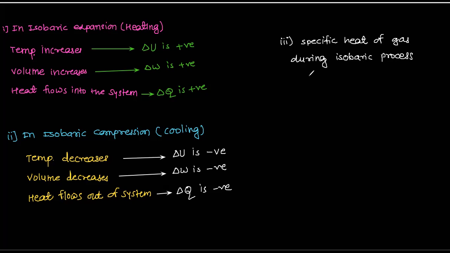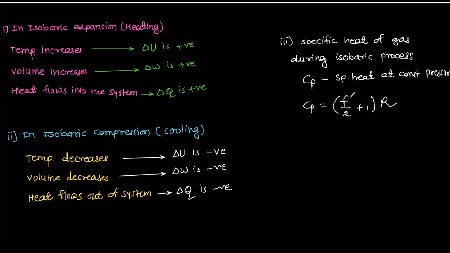That is CP. CP means specific heat at constant pressure, because this is isobaric, so pressure is constant. CP is equal to (F by 2 plus 1) into R. Keep this value in mind, where F they will give you. F is the degree of freedom.